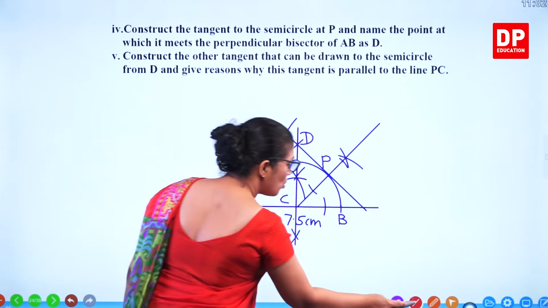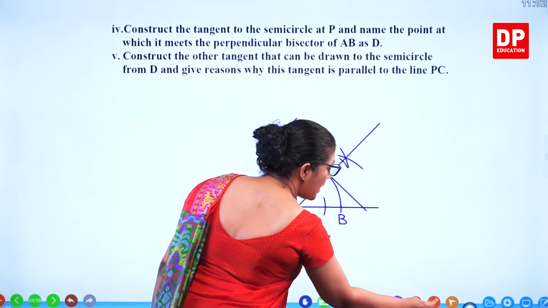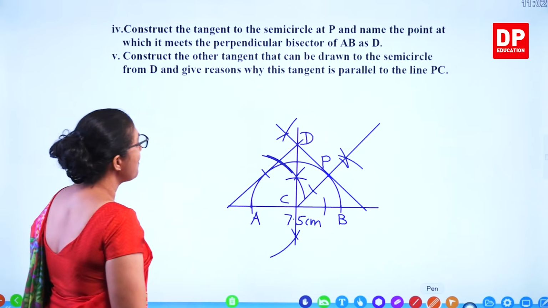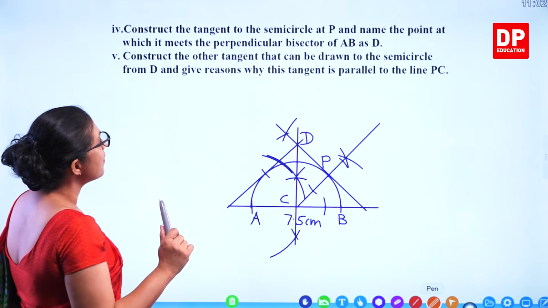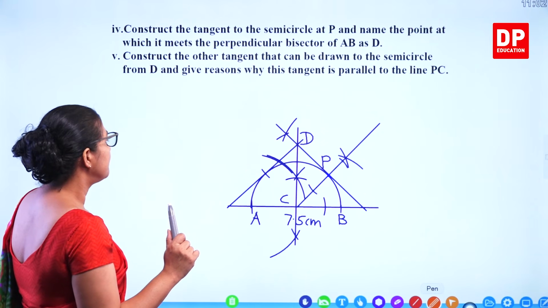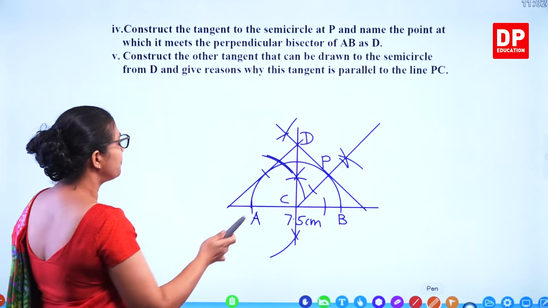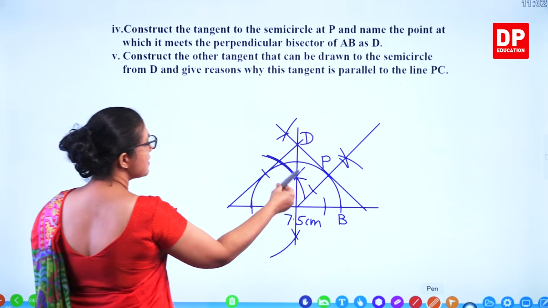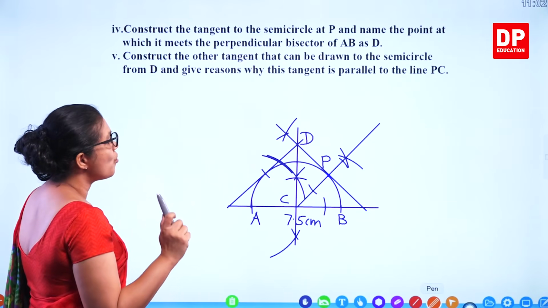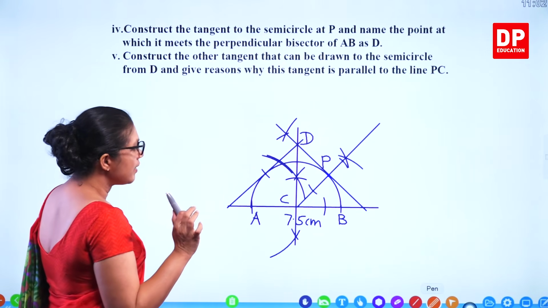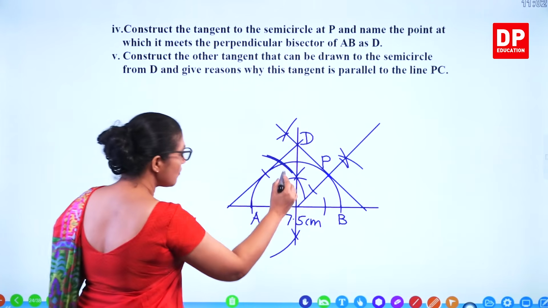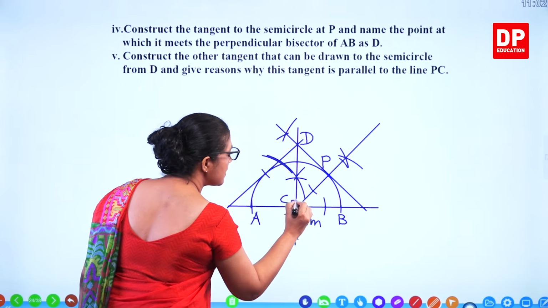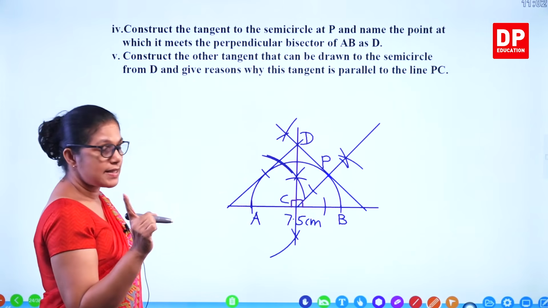Now you have to give reasons why the tangent is parallel to the line PC. This line and this line, why these two are parallel. Look at carefully with the diagram. We know this is 90 degrees, perpendicular bisector.